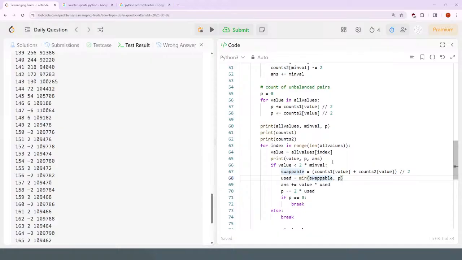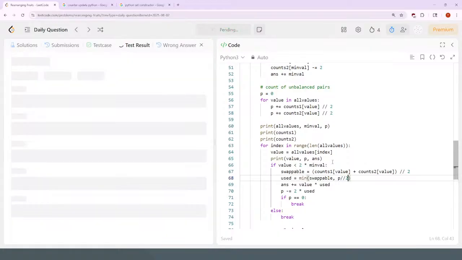So the minimum of swappable and p divided by 2. P divided by 2. So the swappable is 8, and I'm going to go ahead and remove 8. Yeah, I think that might be right.